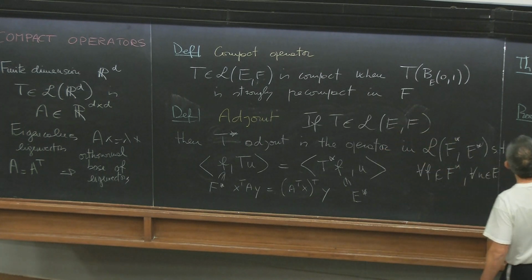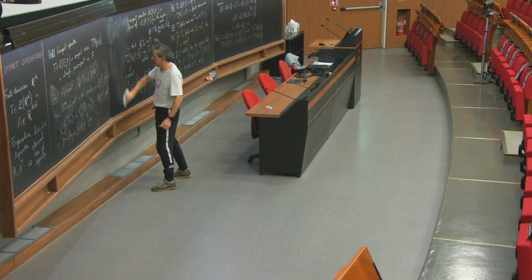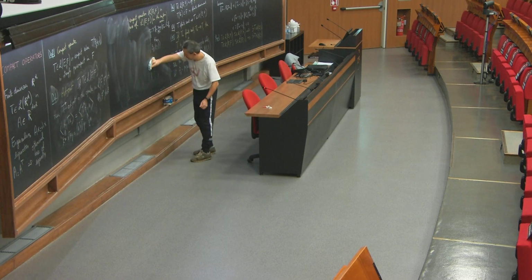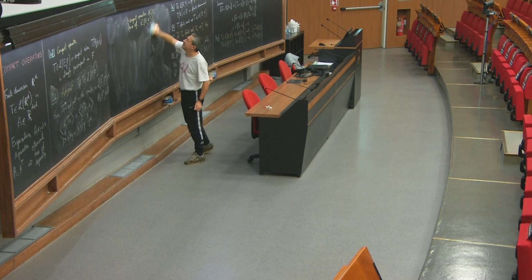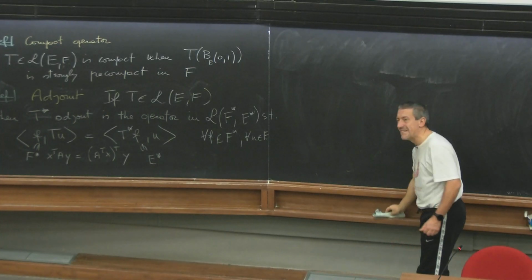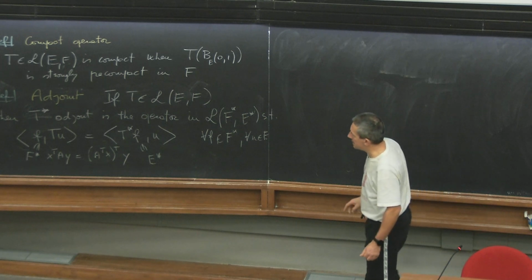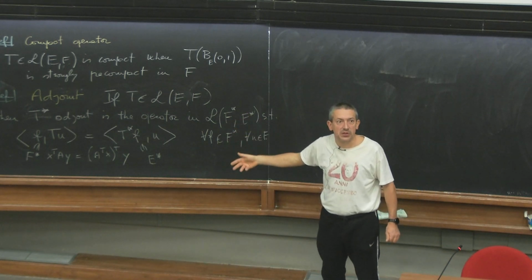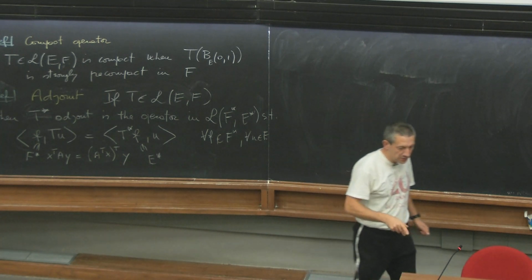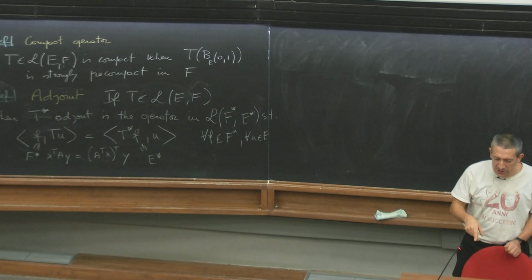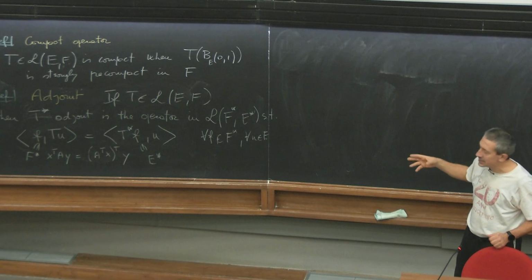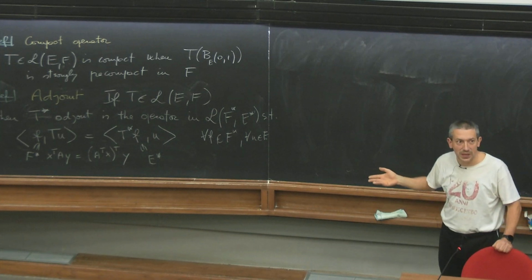So what are the main properties of this operator? Has the same norm? Pardon? You want to say the estimate of the norm, which is the next one?